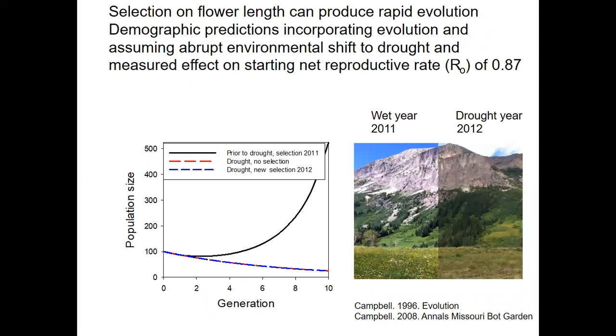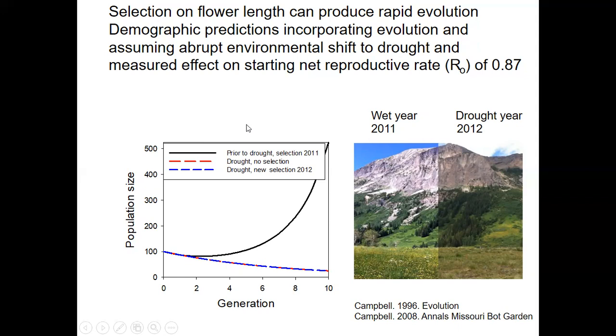The pollinators prefer those. And the black line here shows how we expected population size to change with generation prior to drought conditions. But what happens with imposition of an early snowmelt drought year? Well, now we have, as shown in red, reduced absolute fitness.